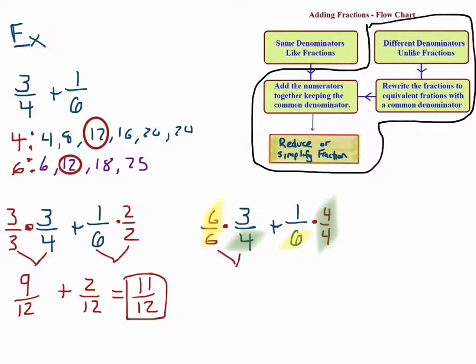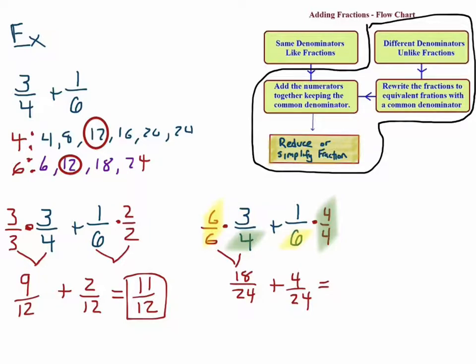So this becomes 18 over 24 plus 4 over 24. And look, if you look over here, oops, I wrote that wrong. I'm not going to redo this though. That should have been 24. So we'd already found the common denominator though.